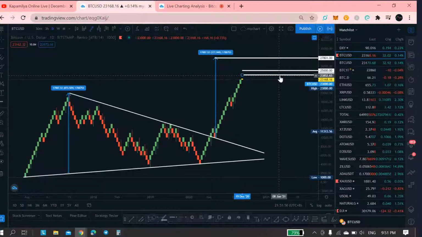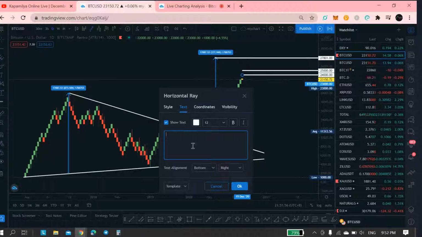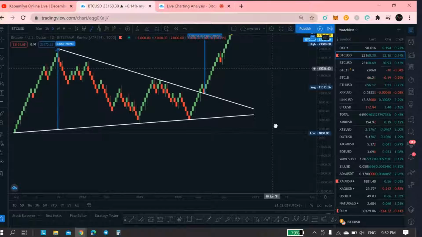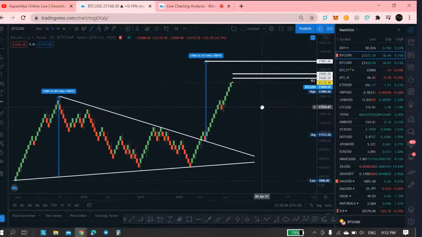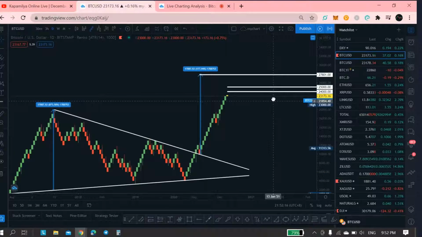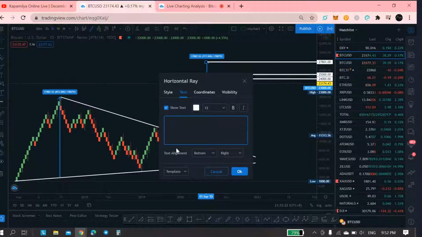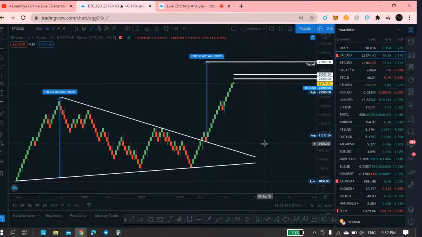So this is the first resistance, R1. That's our target. Next, we'll just put here that our target is at the 28,000 or close to 30,000 area.